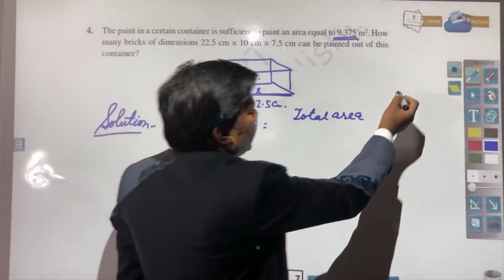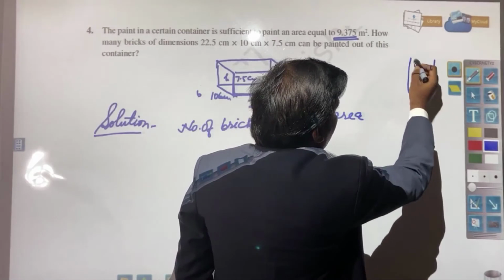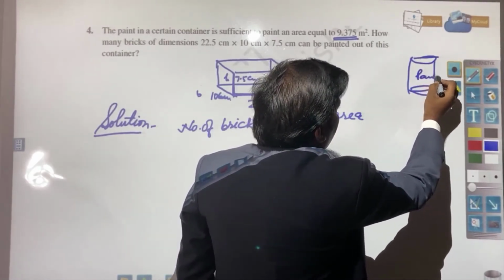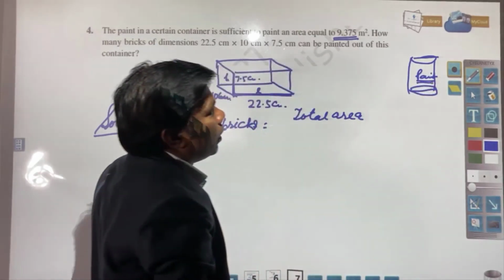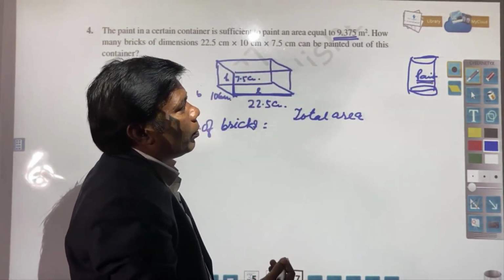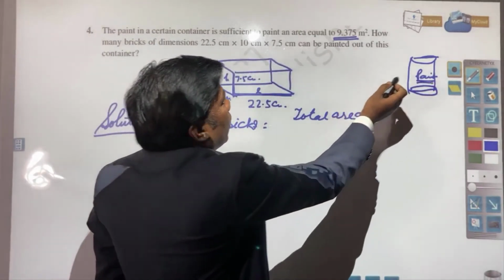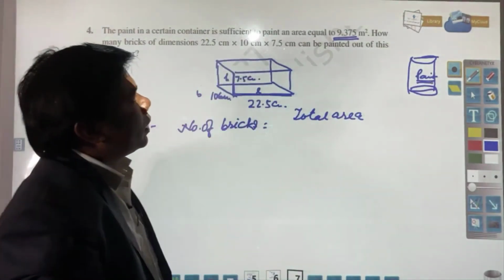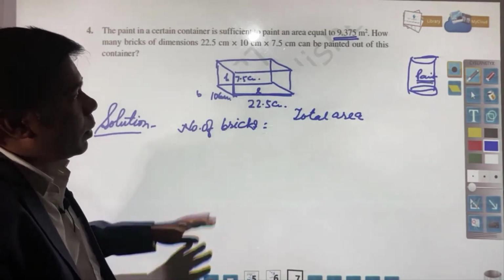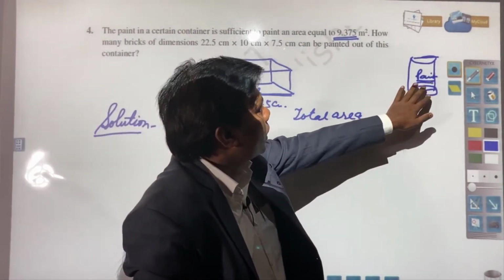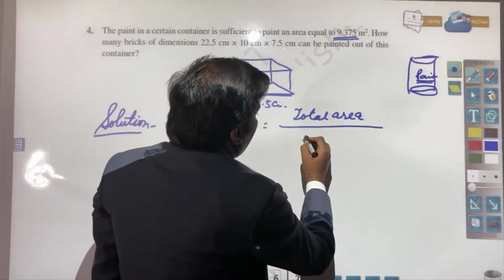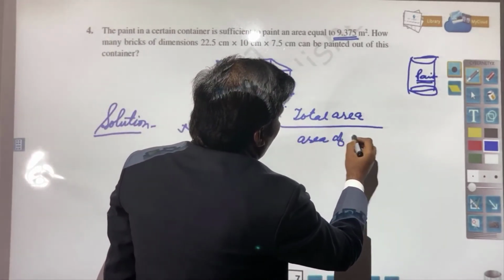Suppose this type of container you have, and here you have paint. From this container, the volume of paint there means this much area can be painted. 9.375 meters square area can be painted from the paint in the container. So total area divided by area of one brick.